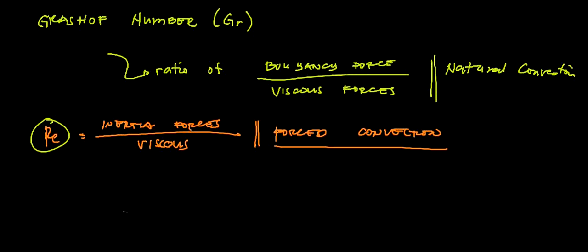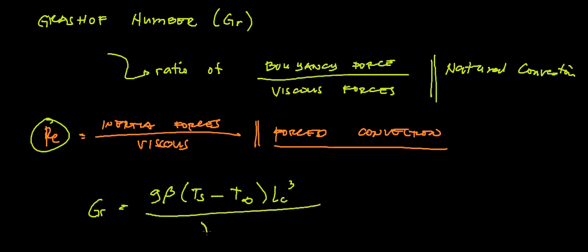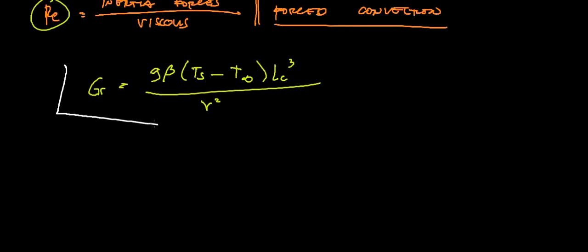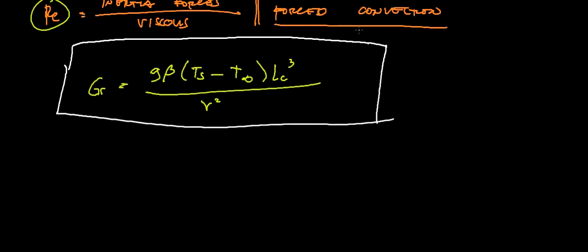Okay, so moving on, the Grashof number is equal to g beta (Ts minus T infinity) Lc cubed all over nu squared, right? We have also presented this last time in the table. Where g is the acceleration due to gravity.